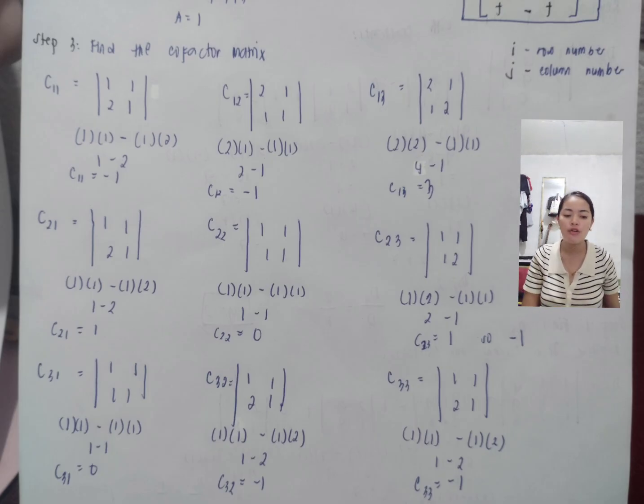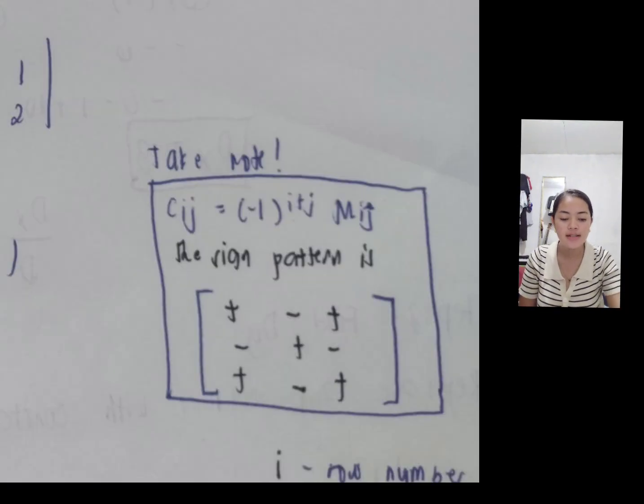In finding the cofactor matrix, take note that Cij is equal to (-1)^(i+j) times Mij. The sign pattern here is plus minus plus, minus plus minus, and plus minus plus. I is the row number, and j is the column number.